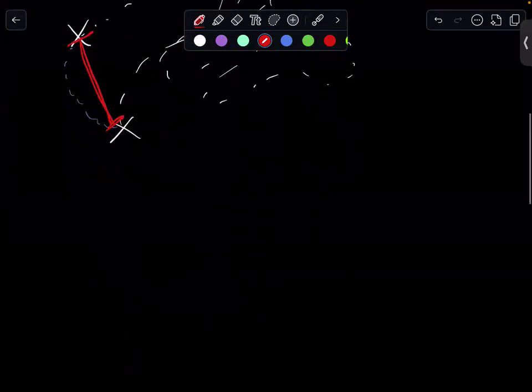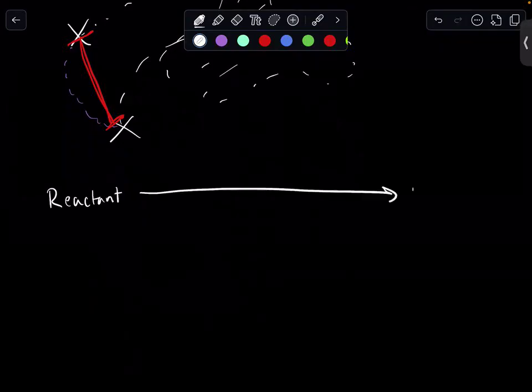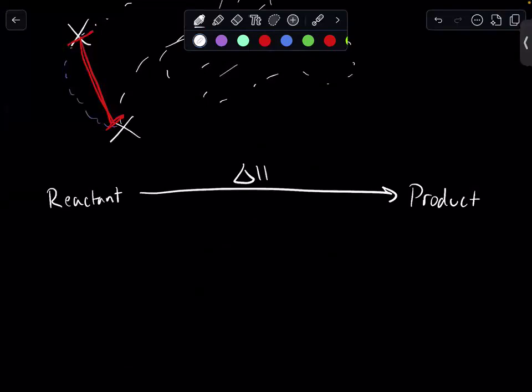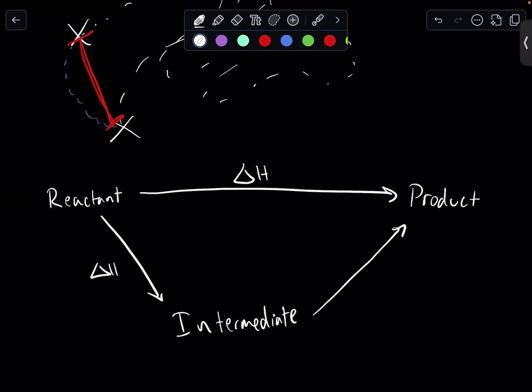So if we have a reaction such as reactant goes to product, and this has some delta H, but maybe you can't do this reaction in your lab or it's just incredibly difficult. But what you can do is reactant to intermediate, an intermediate to product, and this is delta H2 and delta H3.